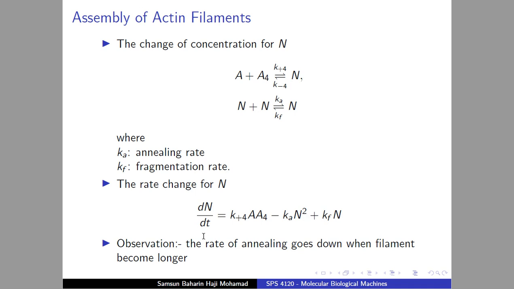We can say that the rate of annealing goes down when the filament becomes longer, because, as I said in the previous slide, when the filament becomes longer, the free ligand or free protein needs to diffuse more so that it can find the binding site to attach to the filament.